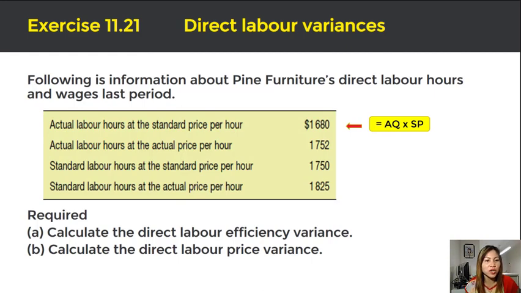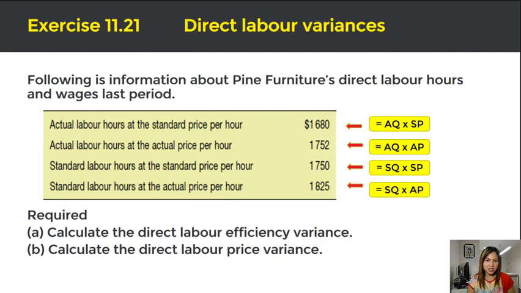The second one is actual hours, or actual quantity, times actual price. The third one is standard hours times standard price. The fourth one is standard hours times actual price.